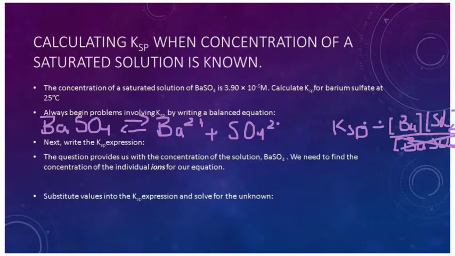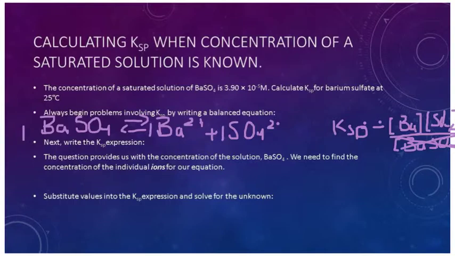So the question provides us with the concentration of the BaSO4, since we need to find the concentration of the individual ions for our equation. We need to think logically. So we have 1 mole of each of these.